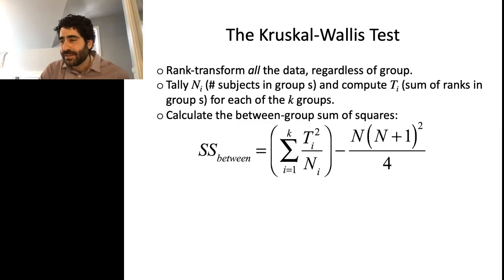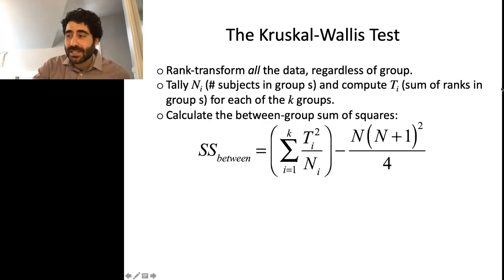Again, the math details are not so important here, right? But this formula is making use of these two things we computed, which is how big each of these groups is and what the sum of the ranks inside this group is. And you can see here that for this SS between, we don't actually need to compute an SS within, because the ranks are guaranteed to be uniformly distributed between 1 and n.